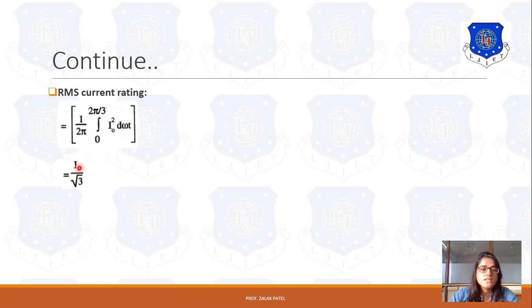Again we integrate and then take the square root, so it is I0 upon root 3. If we put the values, it is 28.86 ampere. So if it is asked for RMS current rating, you have to find it this way.